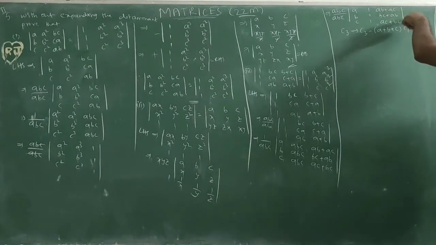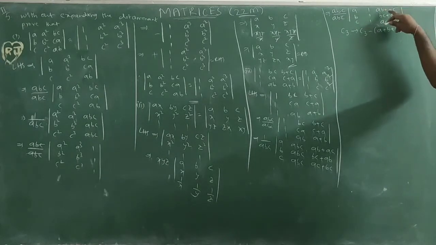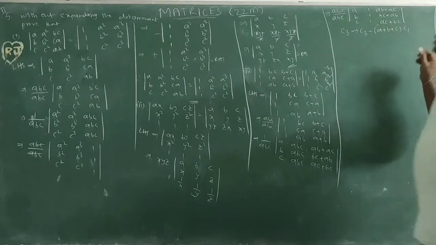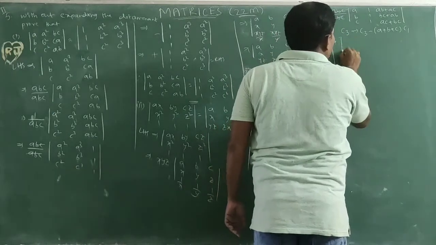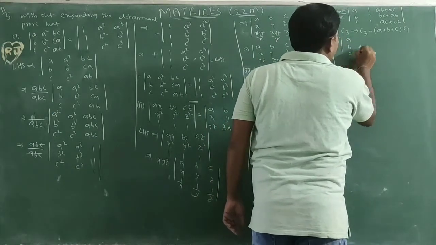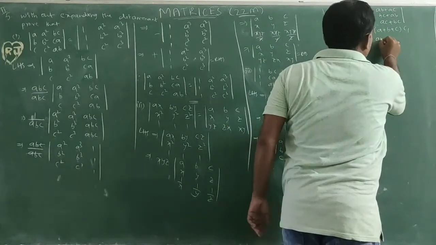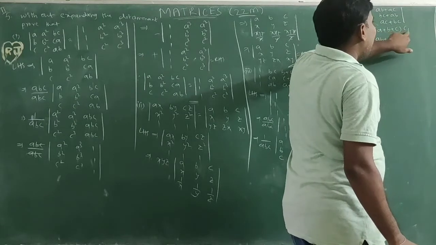I am changing C3 with the elementary operation: C3 changes to C3 minus a plus b plus c into the first column. So abc cancel; a, b, c, 1, 1, 1, and first ab plus ac minus a plus b plus c into C1.